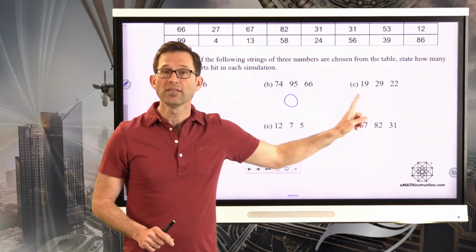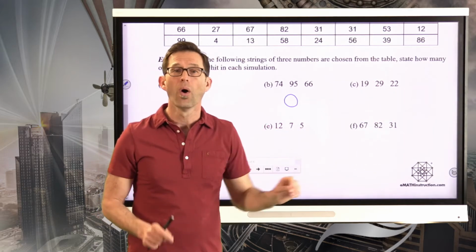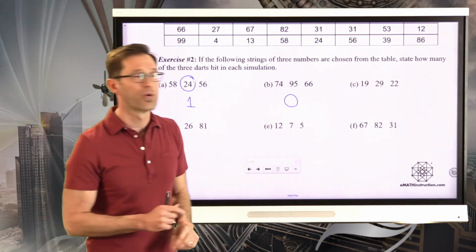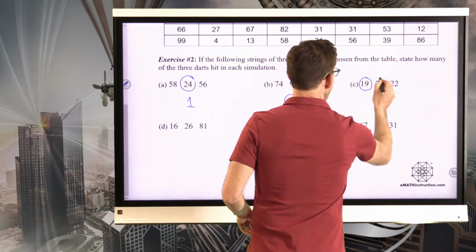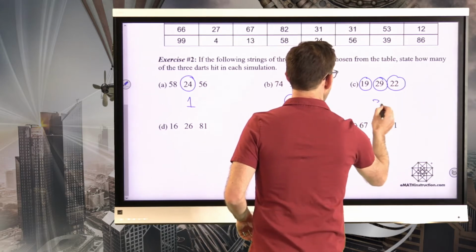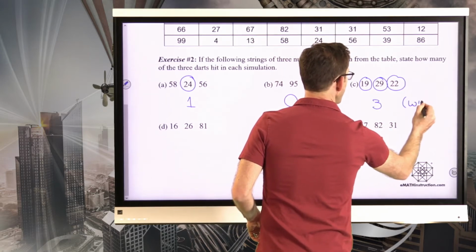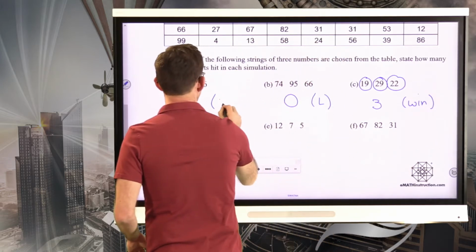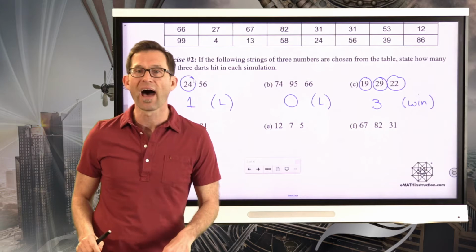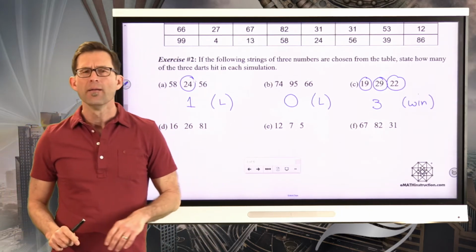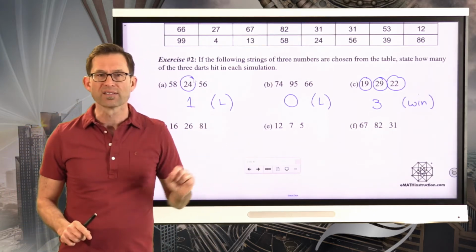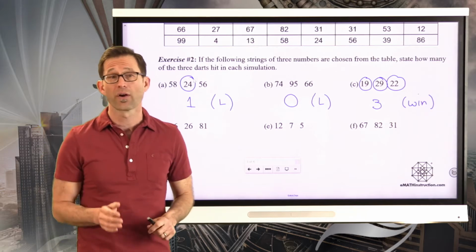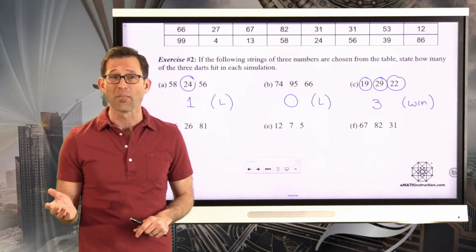Now here, 19, 29, and 22, all of those are in the 1 to 30 range. All of these would represent hits, so there would be 3, and by the way, that would represent a win. This would represent a loss, this would represent a loss. I know that this problem doesn't actually ask us to make that judgment, but it's good to realize, because at the end of the day, I'm really trying to figure out the probability I'm going to win this game, right?